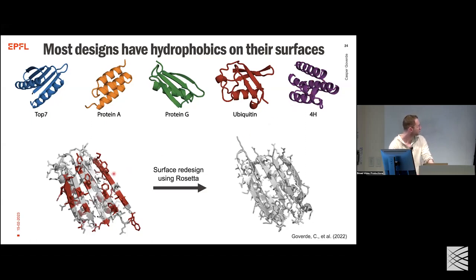We noticed something peculiar, and that is that there are a lot of hydrophobics on the surface, which are colored red here. Generally, the number one rule in protein folding is that the hydrophobics go on the inside because they don't like to be in contact with water. So what would most likely happen if we tried to express this protein in cells is that it would either not fold or it would aggregate. It would bind to all the other hydrophobic proteins.